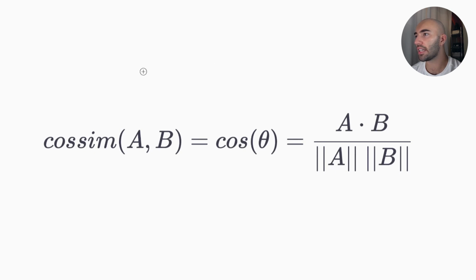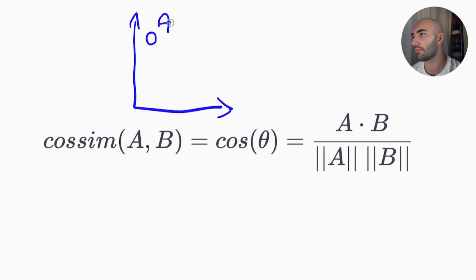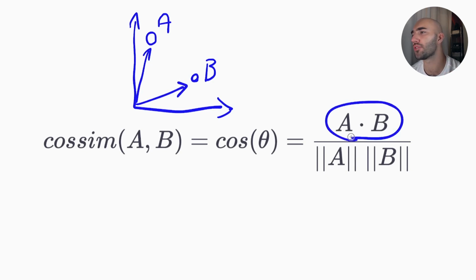Let's say I'm going to draw another one of these 2D graphs. We have vector A here and vector B over here. The dot product on the top is going to increase as these two vectors are more similar. But this dot product value by itself works poorly when we have other vectors of different magnitude.